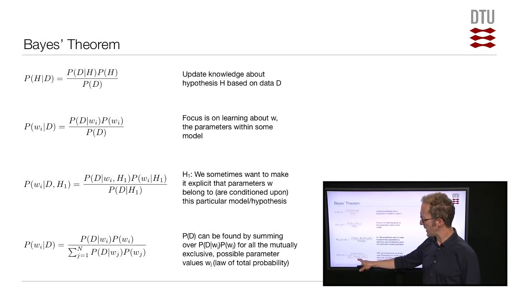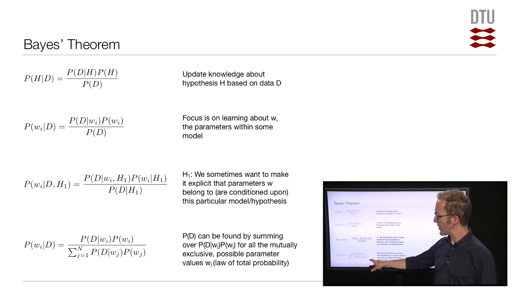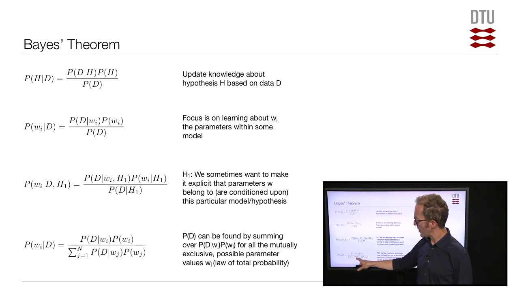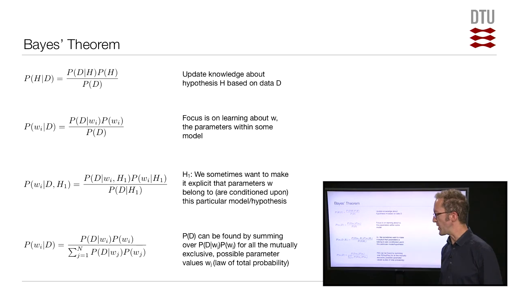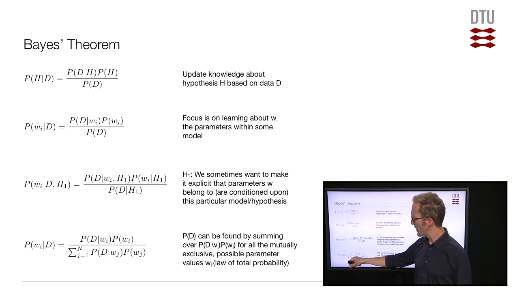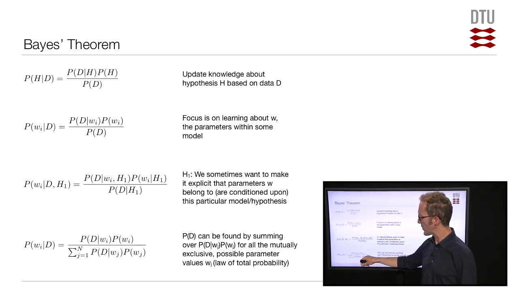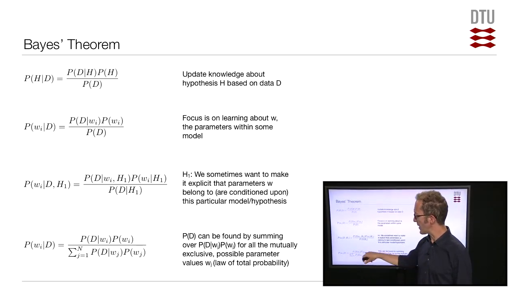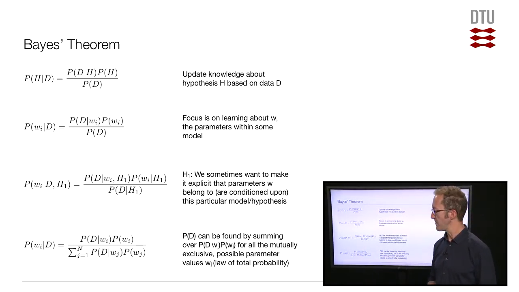In the case of discrete data, like we have here, with discrete parameter values, P of D can be found according to the law of total probability by summing up the probability of data D given each possible set of parameter values Wj. So let's say there are n different possible sets of parameter values. Then for each possible set of parameter values, we find P of D given Wj times the probability of Wj. So sum up all of these, and according to the law of total probability, we will have the total probability of D.